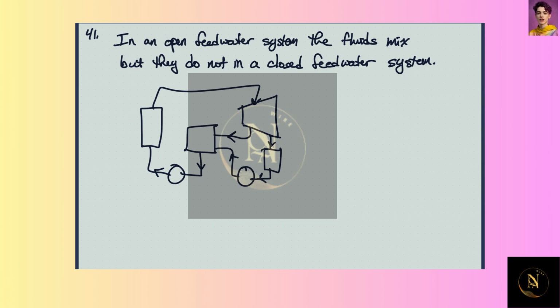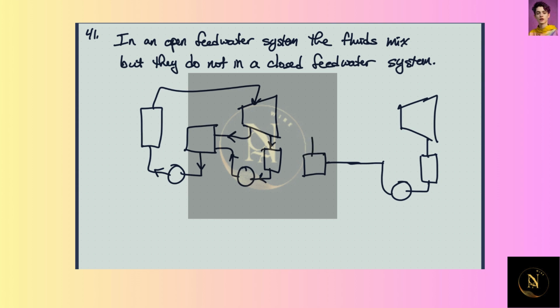Now, in the other case, let me actually draw that picture for you. That's slightly different. In the closed case, you have turbine, condenser, to a pump, to the feed water, and then to a mixing chamber, and then to the boiler, and then to the turbine.